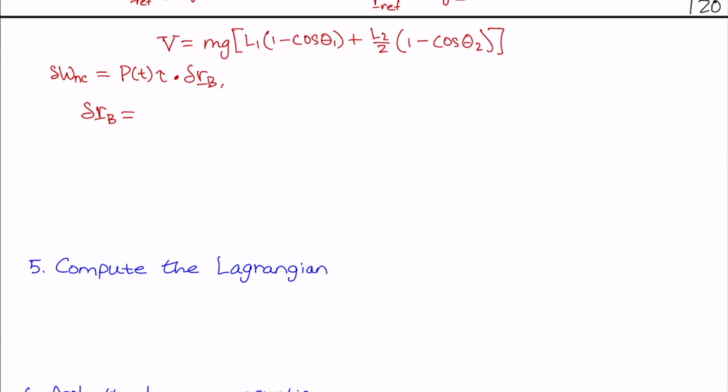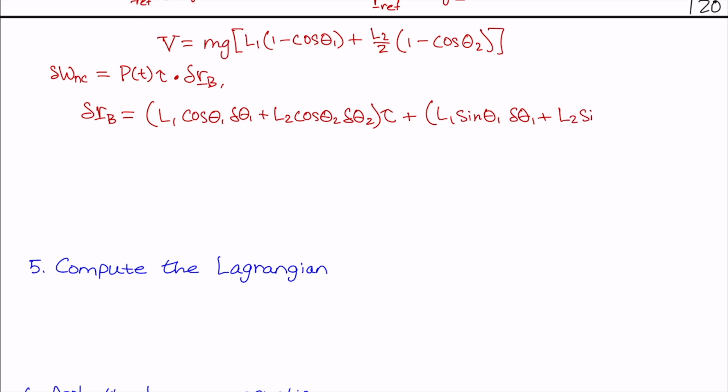And so what we'll end up finding is that this will be equal to the quantity L1 cosine theta 1 times delta theta 1 plus L2 cosine theta 2 times delta theta 2, all that in the i direction, plus L1 sine theta 1 delta theta 1 plus L2 sine theta 2 delta theta 2, and that's in the j direction.